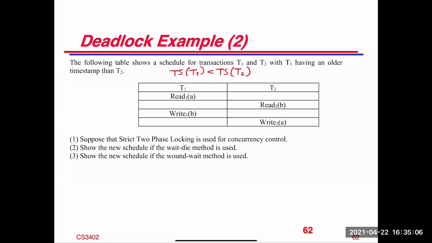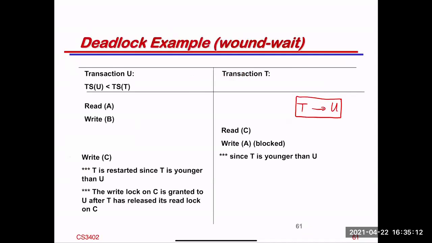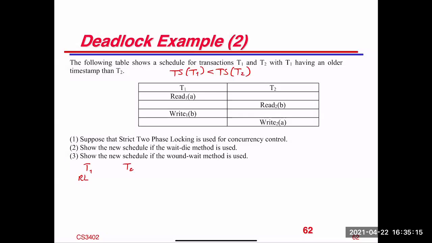So strict two-phase locking will give us something like this. So we need to acquire a read lock, which I'm abbreviating as RL, on A, then I'm reading A, and here I'm acquiring a read lock on B, then I'm reading B, and then I'm acquiring a write lock on B. And now I have a problem because I'm blocked, right?